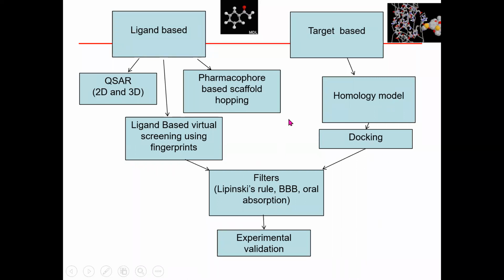So yesterday we saw the pharmacophore-based design. So we identified common features of a set of molecules, which we took from literature, maybe 4 or 5 molecules, and see what are the common features like hydrophobic group, aromatic, hydrogen bond acceptors, donors, and charged, anions and cations.